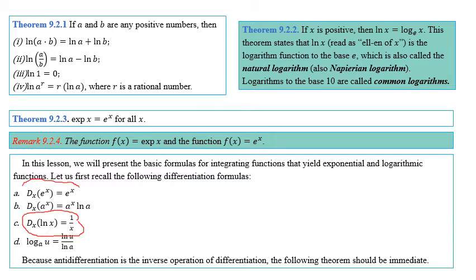Ito, yung sa letter E at saka sa letter C. Derivative of e to the x is equal to e to the x. Derivative of ln of x equals to 1 over x. And then the log of u with the base a is equal to the ln of u over the ln of a. Because the antidifferentiation is the inverse operation of differentiation, the following theorem should be immediate.